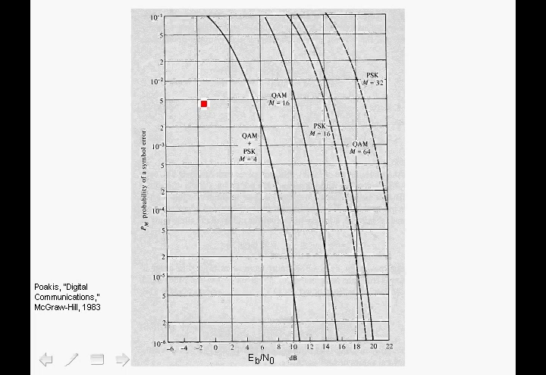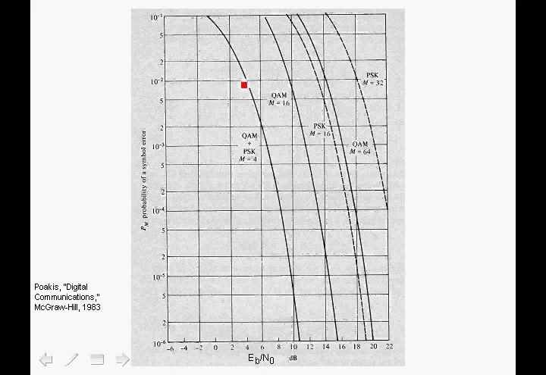This is a very important diagram which plots the probability of error, probability of the symbol error, versus the Eb over N0 ratio, where Eb is the energy per bit and N0 is the one-sided noise spectral density. And recall that we derived this expression, the probability of error versus Eb/N0, for the case of binary signaling, which is equivalent to BPSK.